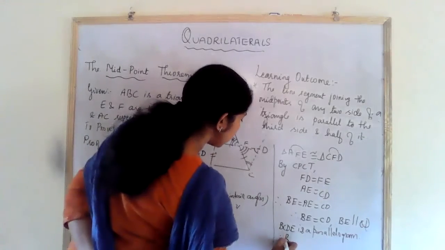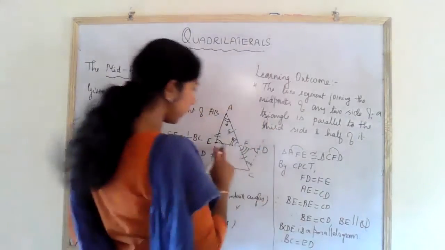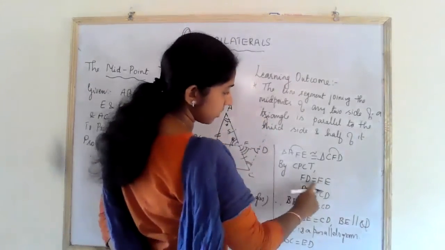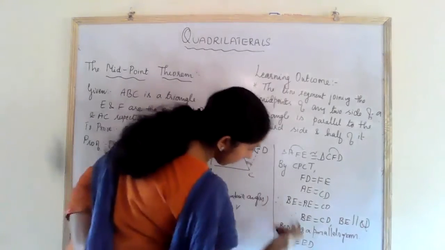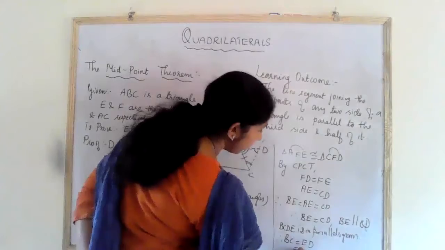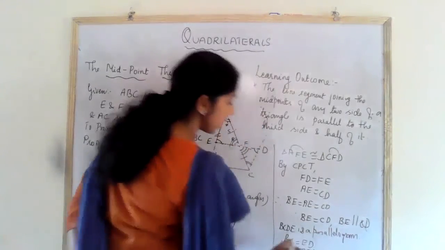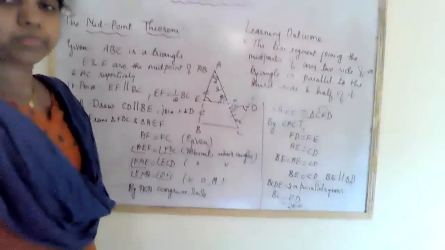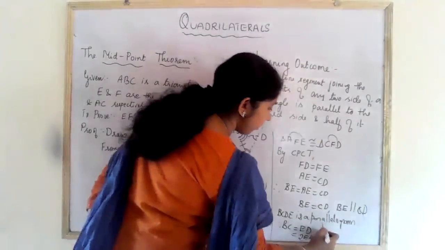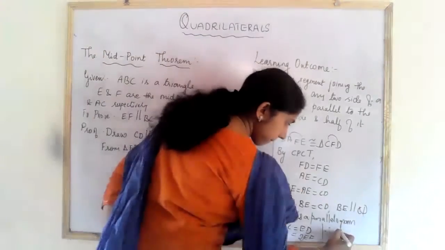Therefore, BC will be equal to ED. We have proved that EF is equal to FD, so ED is 2 times EF. Therefore, you can say that EF is half of BC.